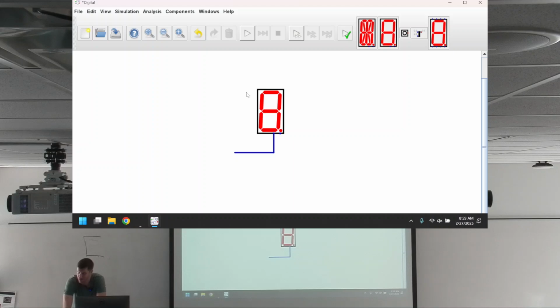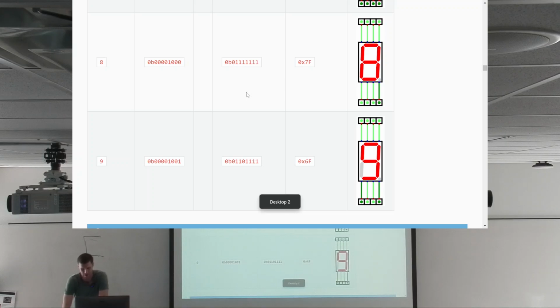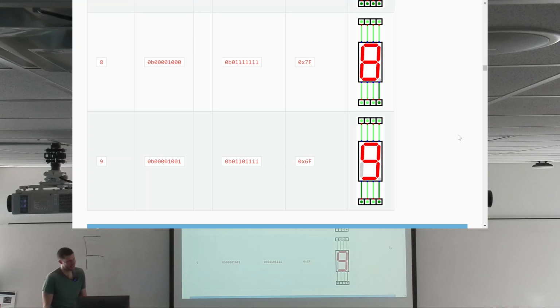But we're not doing hex, we're doing decimal, which creates a bit of a problem. If I have the number 10, how do I represent it? I need another 7-segment display.